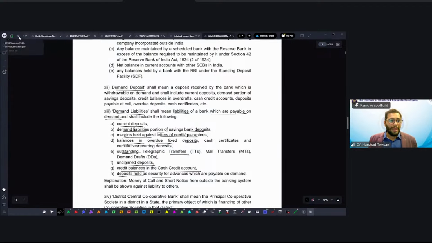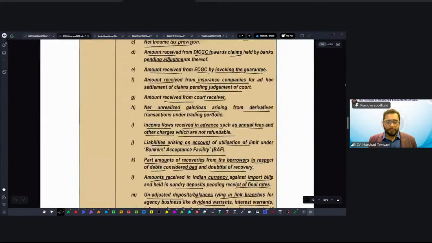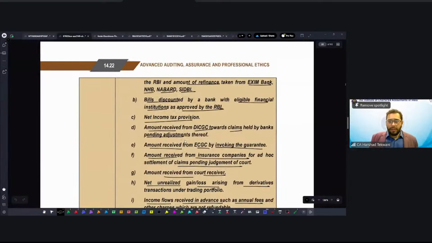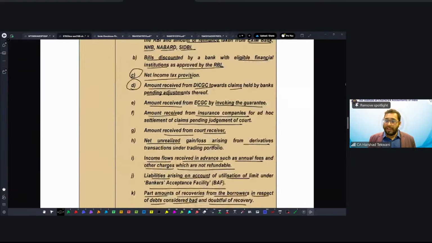I'll just take you back to the negative list. For example, net income tax provision, amount received. See, we are talking specifically about amount received. Maybe it is shown as a part of the generic liabilities, but you need to exclude that.